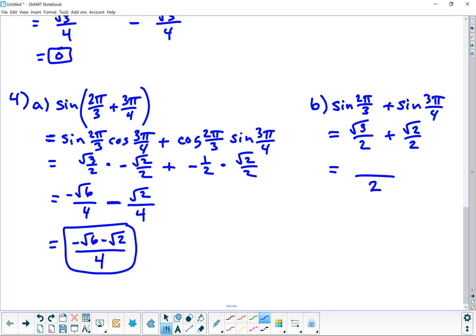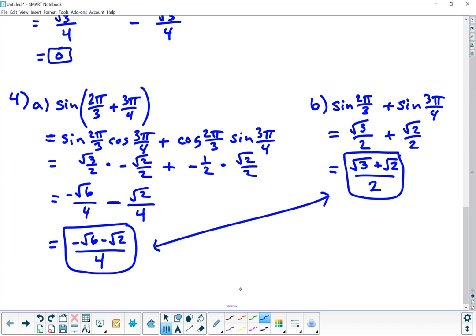And the top, you're going to have to add them, but you can't add them. So the best you can do is write it as radical 3 plus radical 2 over 2. And you can see that these are nothing alike. They're not the same.